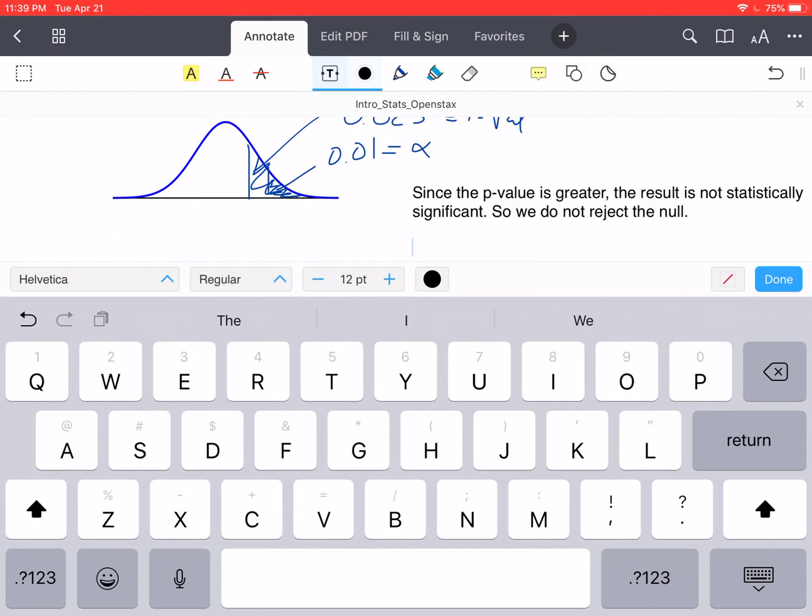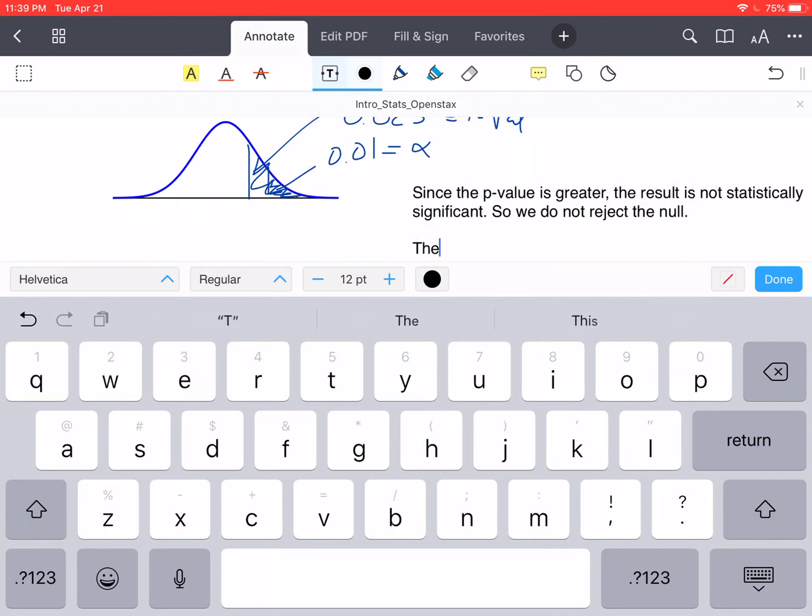Okay, so the way that we always state this is not we proved it or we disproved it, because there is no proving here. We're just talking about, is there enough evidence? So in this case, we say there is not sufficient evidence to conclude that their procedures make the chances of getting a boy higher.